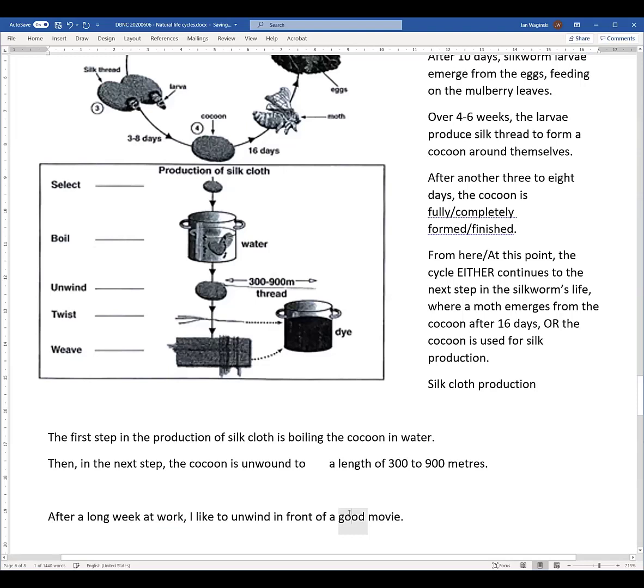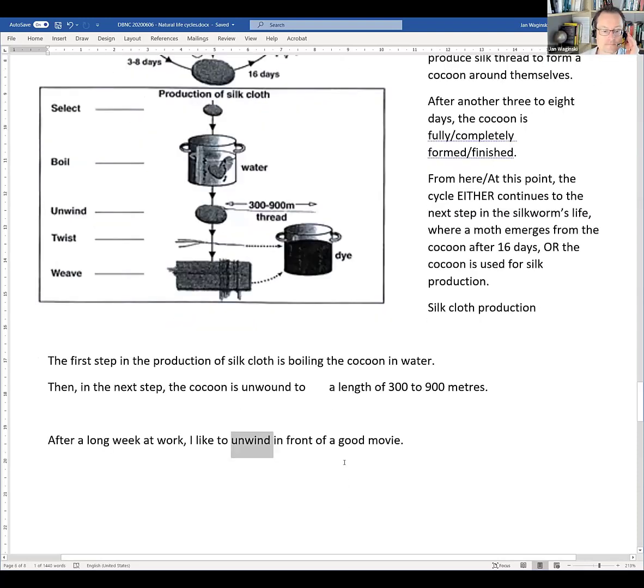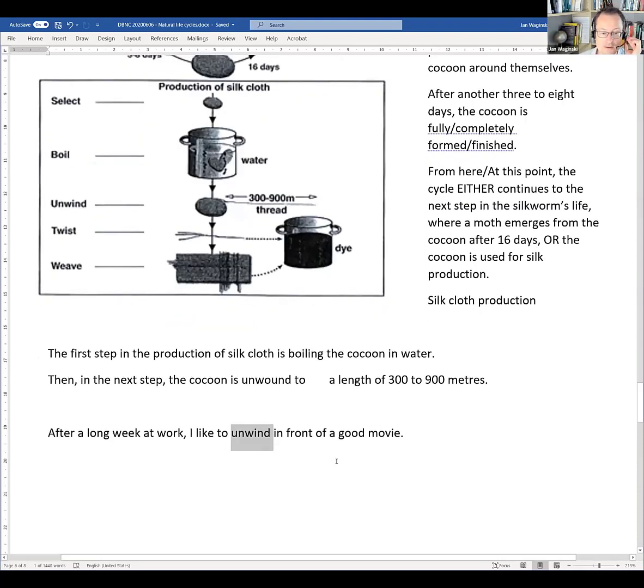What does this mean? Why do we say this word unwind? If somebody asks you, what do you like to do in your spare time? For example, on IELTS, you can say, on the weekend, after a long week at the office or after a long week seeing patients, I like to unwind in front of a good movie. Stretch. Relax. It's the idea of the opposite of tension, of being tense, right?